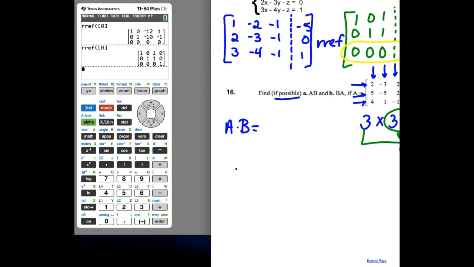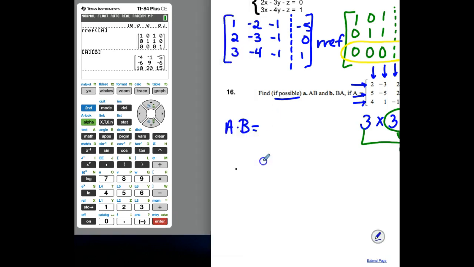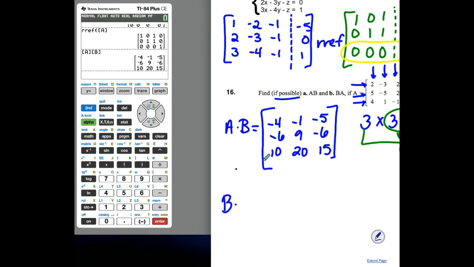All right, so we're going to go back into our matrix screen. We are going to name matrix 1, and then we're going to go back into our matrix screen and matrix 2. So we have A times B, and we hit enter. So my solution for A times B should be -4, -1, -5, -6, 9, -6, and 10, 20, and 15. Now, they've also asked us to do B times A. So, back to our calculator.